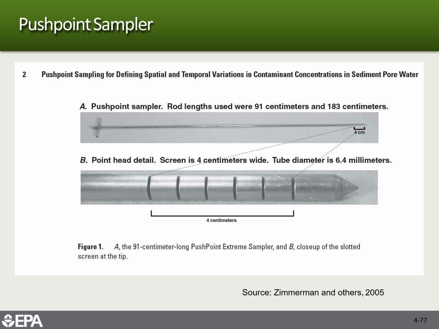Using this is just a hand probe. It's about 1 meter long or almost 2 meters long. And you have little slots in it. And you push it to a certain depth.